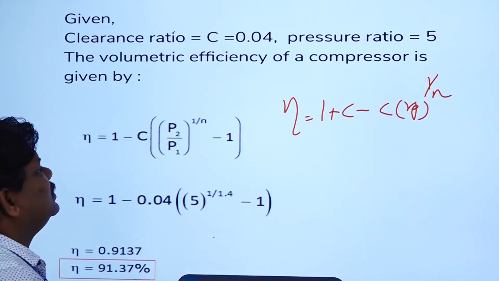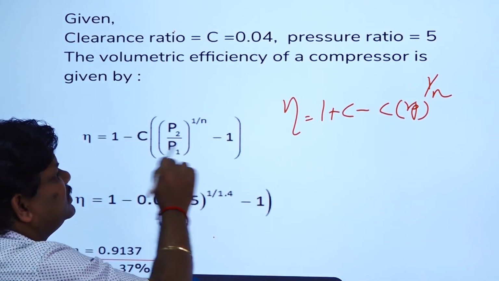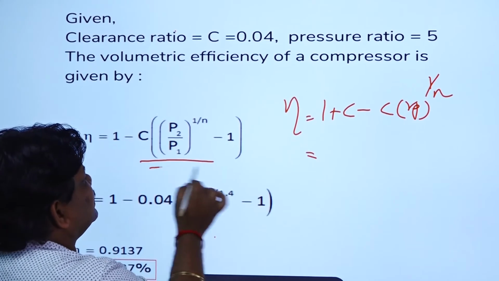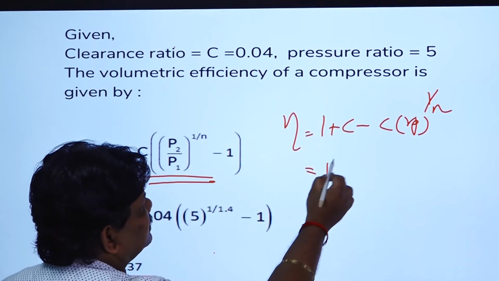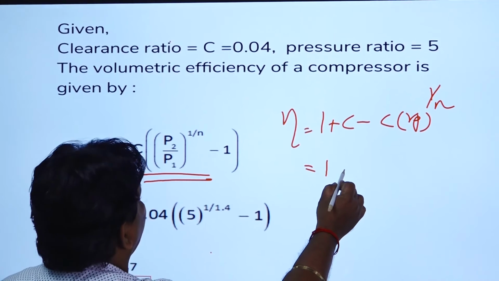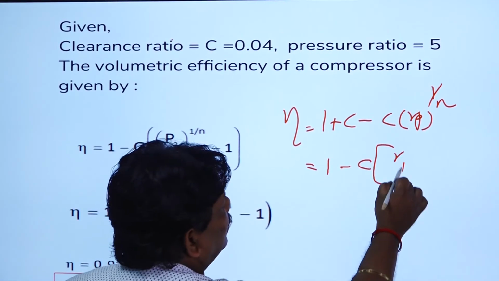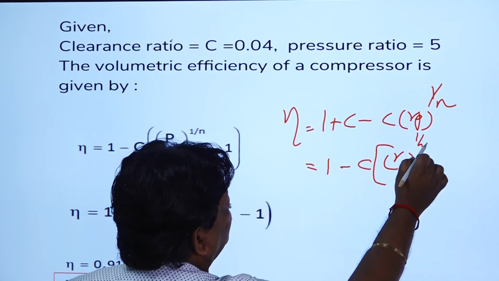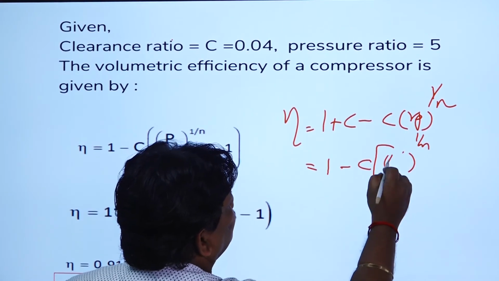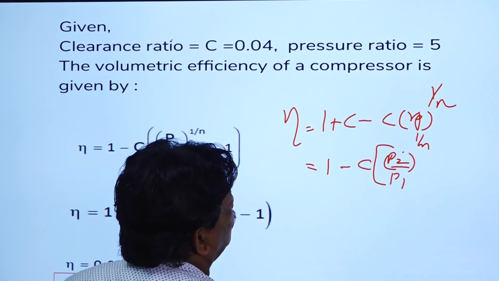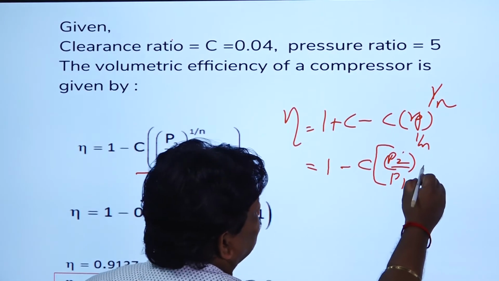Use the same relation, and you can see how this relation comes. You can take this C out, so minus C into Rp whole power 1 by N. Rp is nothing but P2 divided by P1, the pressure ratio given to you.